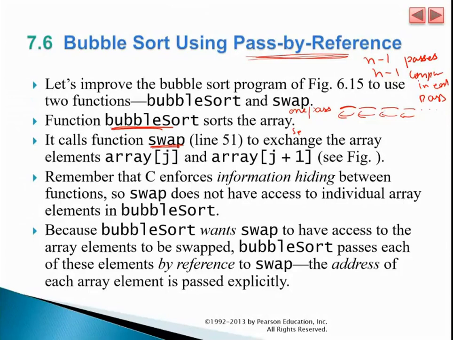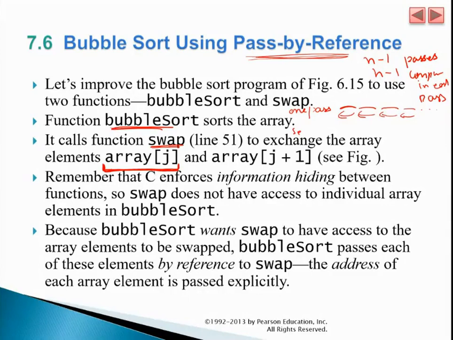One more important thing I would like to revise. Whenever we pass an array, by default the array is passed by reference. But when you pass one element of the array, it is passed by value.